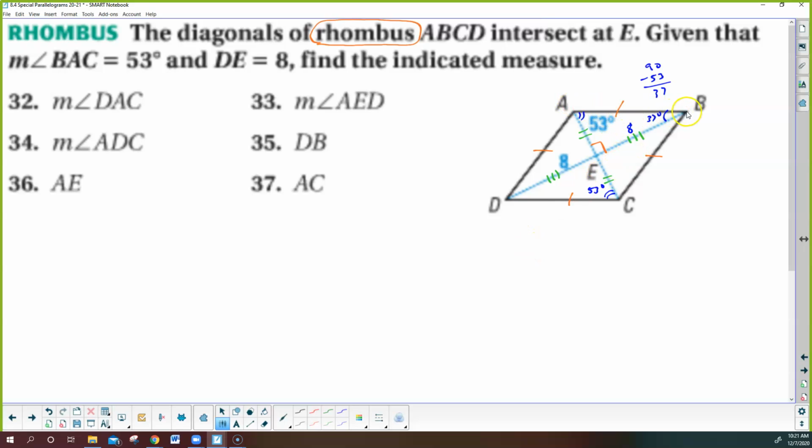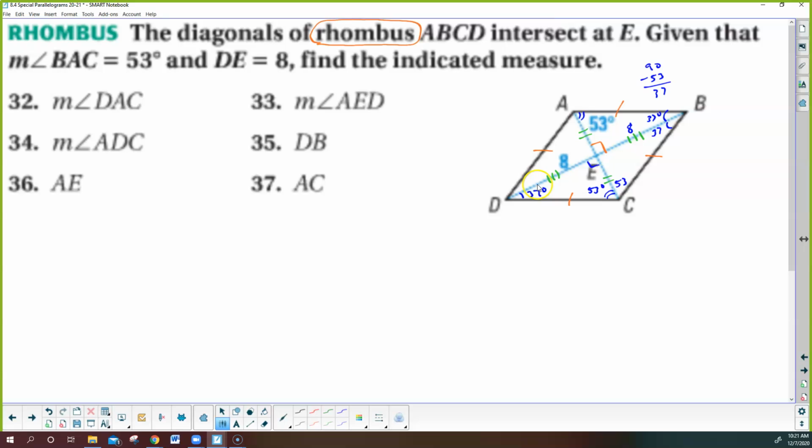Which, if I go the Z the other direction, because it's a parallelogram, so opposite sides are parallel, this Z makes this angle right here 37 degrees. And then you could make the same conclusions for the other angles because they're all congruent. So you could piece in this angle is 53.